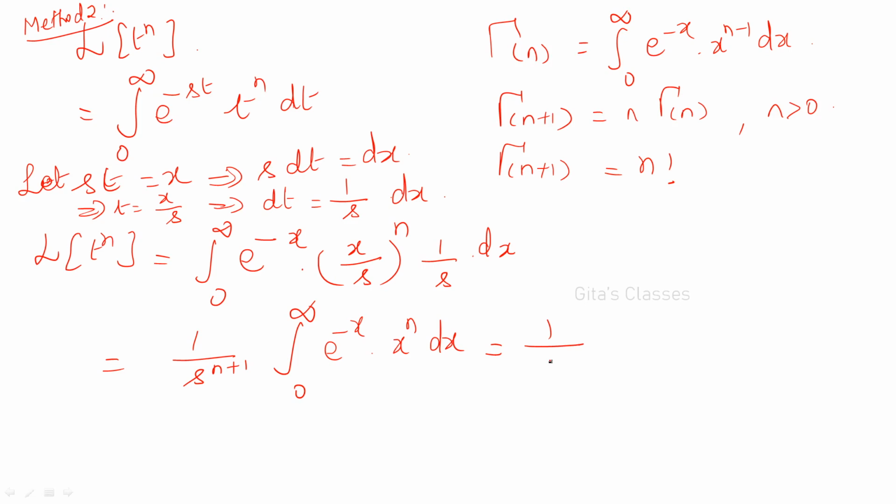This can be written as 1 by s power n plus 1. To use the gamma function, e power minus x into x power, I can write n as n plus 1 minus 1, into dx.